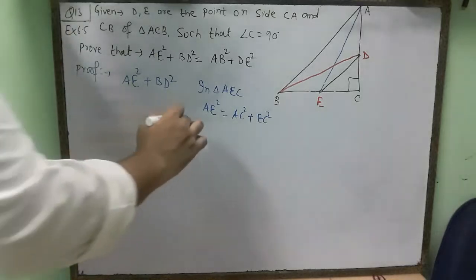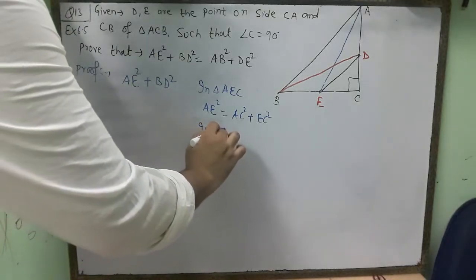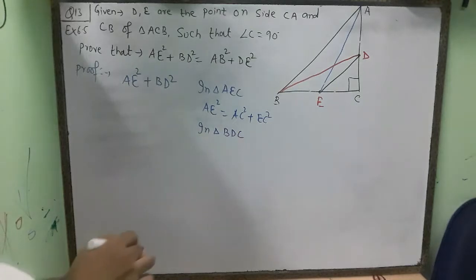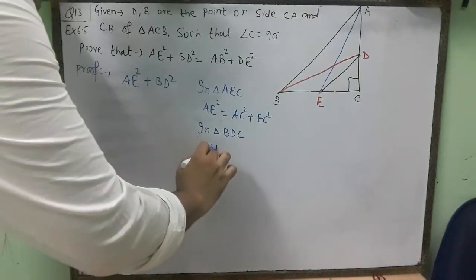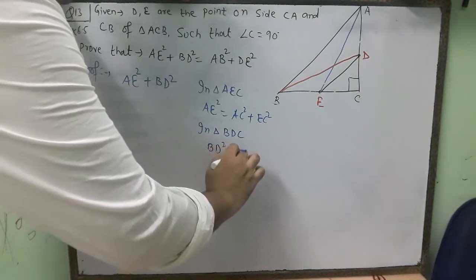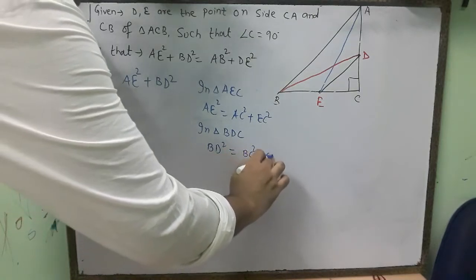And in triangle BDC, BD square is equal to BC square plus CD square.